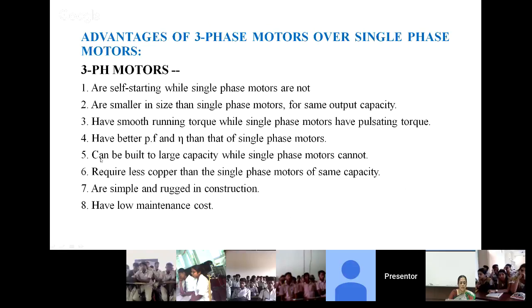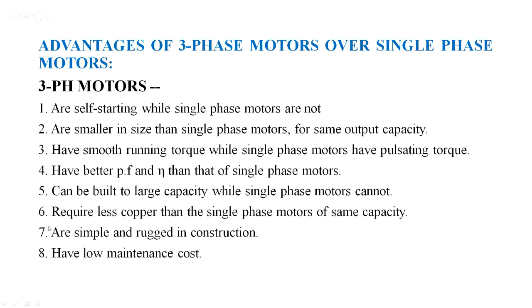Three-phase motors can be built to large capacity, while single-phase motors cannot be built. Three-phase motors require less copper than single-phase motors of the same capacity. Three-phase motors are simple and rugged in construction.